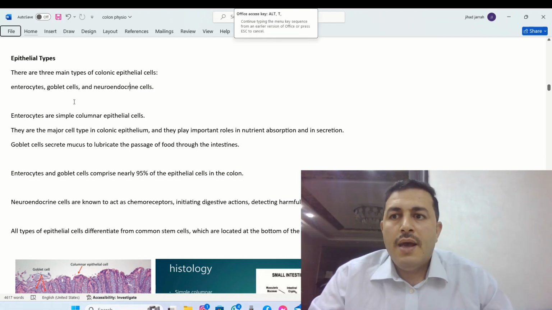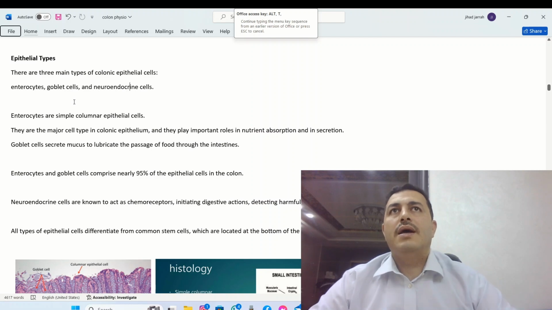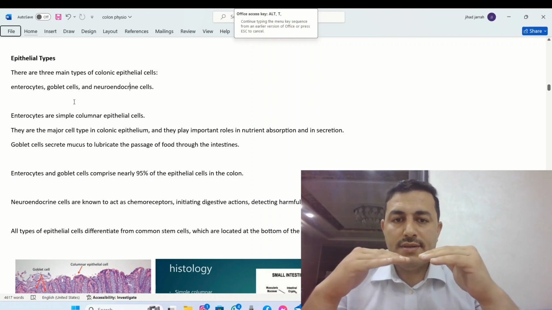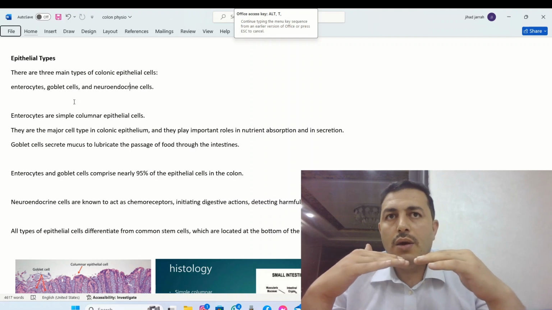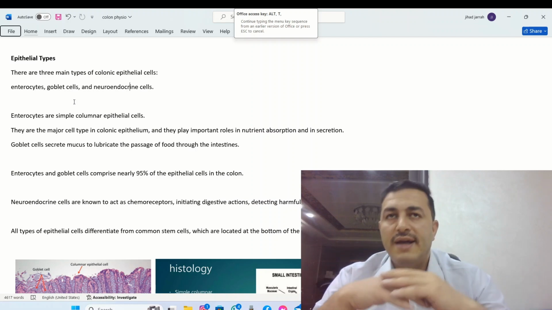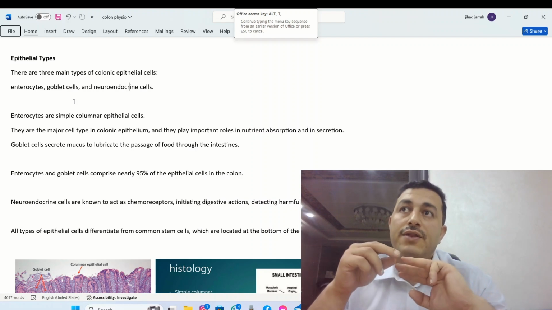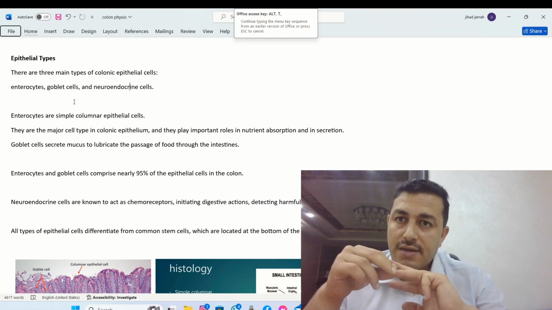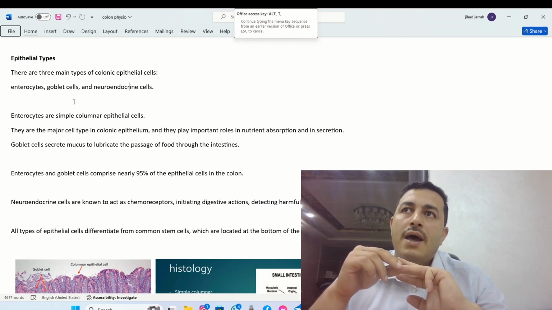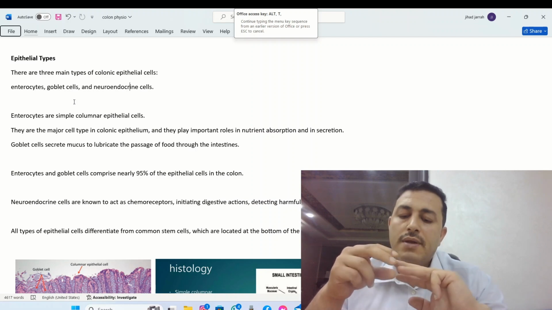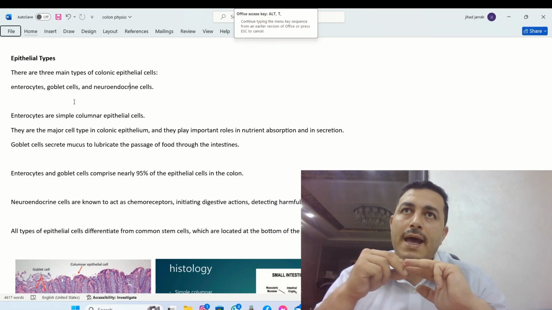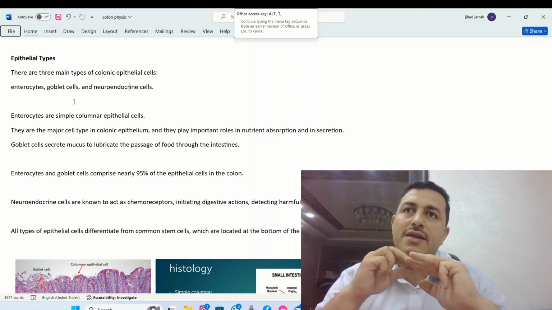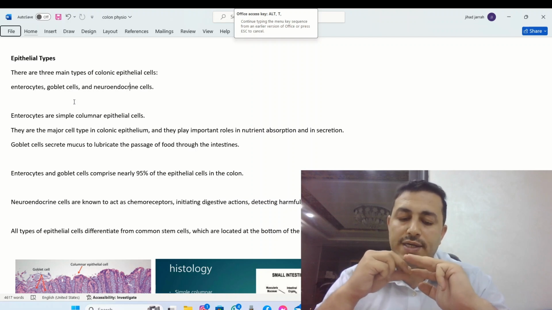We said that the innermost layer of the colonic wall is the epithelium, then a little bit outer the lamina propria, then the muscularis mucosa.